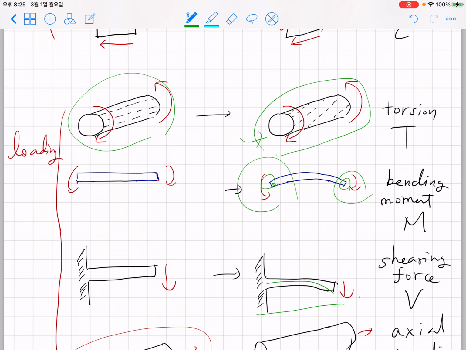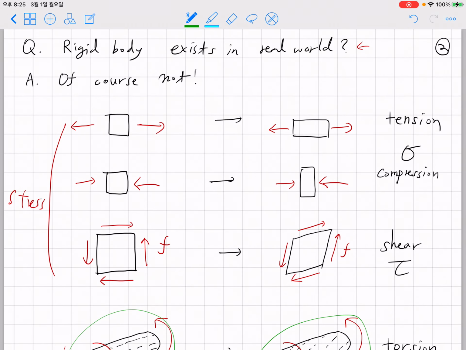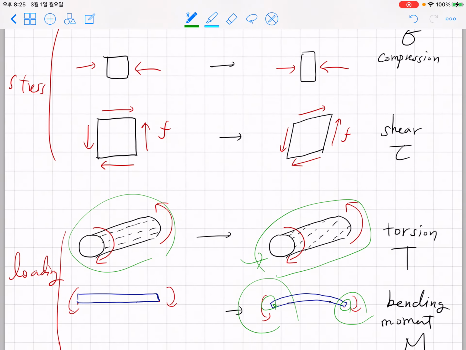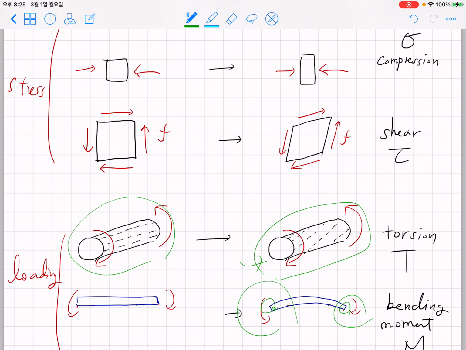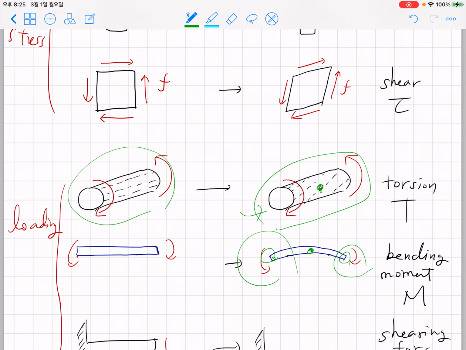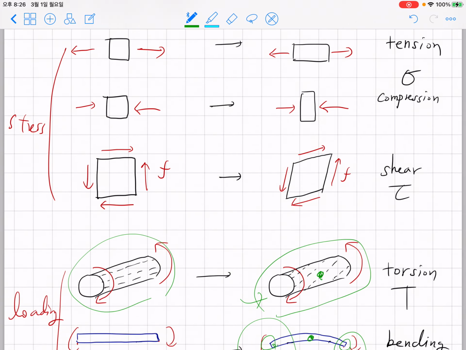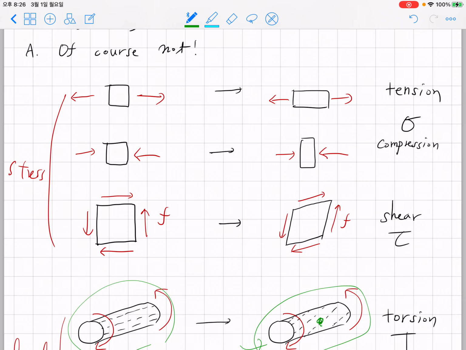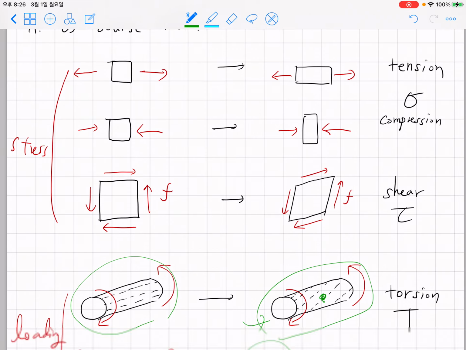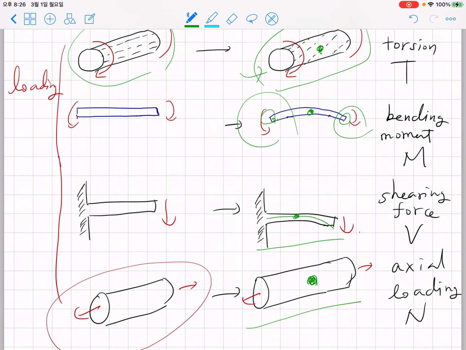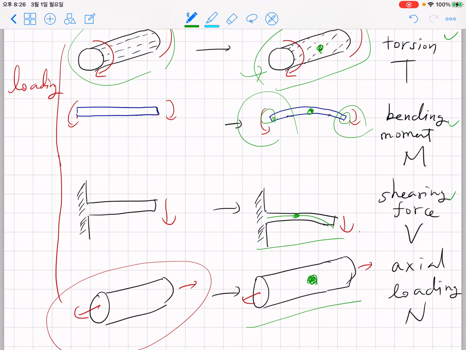Okay, so after this loading mode, regarding each material element, if we focus on this little body outside of this object, we can separate stress in these three modes: tension, compression, and shear. So macroscopically we can say torsion, bending, shear, and axial loading.